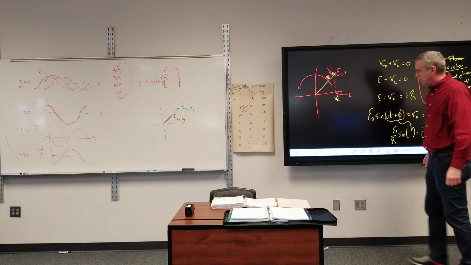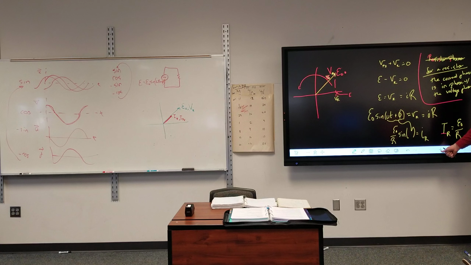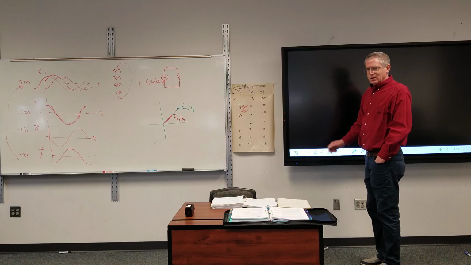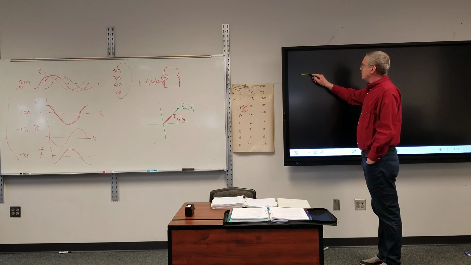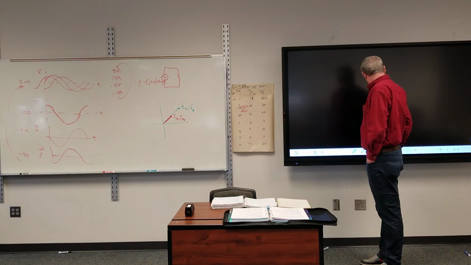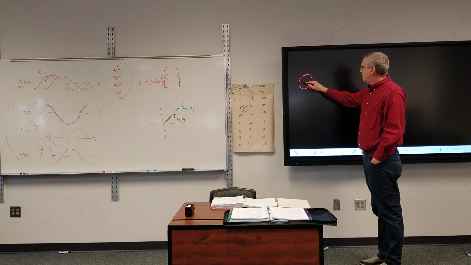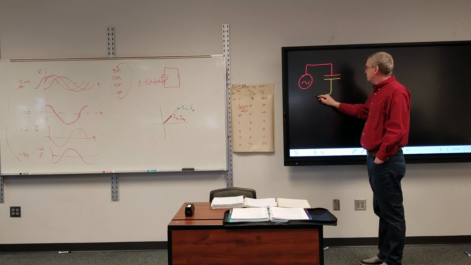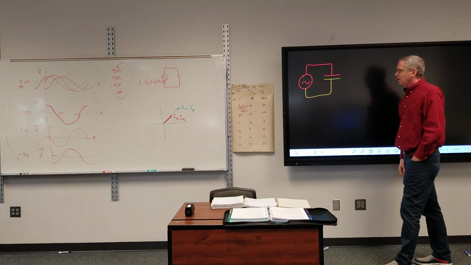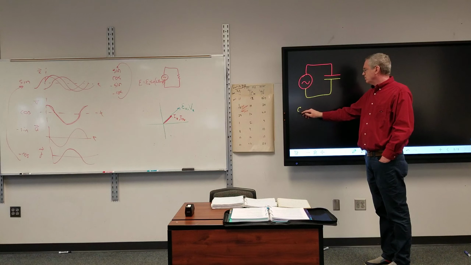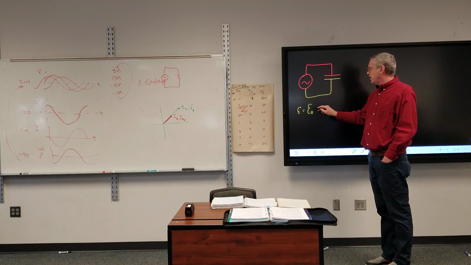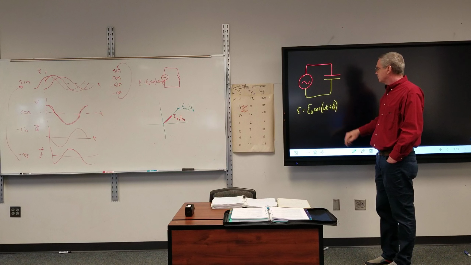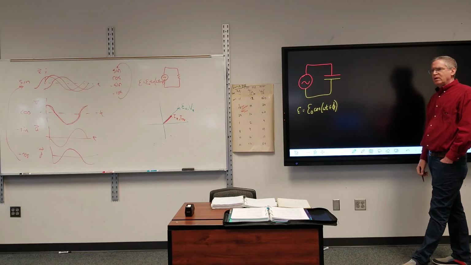Other questions? Suppose I have a circuit with a capacitor. Again, I'm going to switch to cosine. Epsilon sub naught cosine of omega t plus phi. Because it's a capacitor, or just?